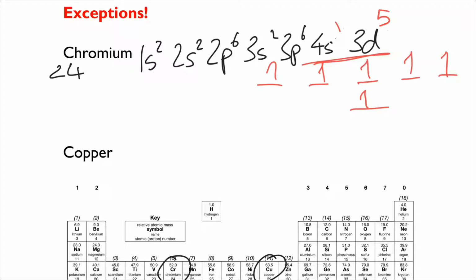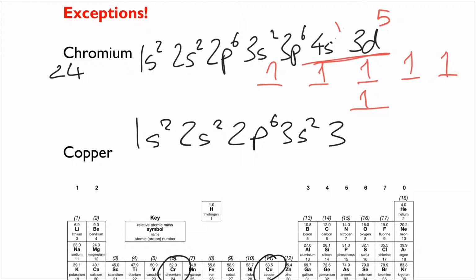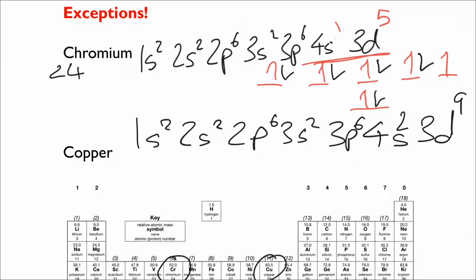Copper is similar in the sense that it's 1s2, 2s2, 2p6, 3s2, 3p6, 4s and 3d. If it followed the rule, it should be 4s2, 3d9, but there's a similar situation going on here where it would look like this. All of these electrons would be paired except this one, and the 4s electrons would be paired, but they will rearrange themselves to be more stable.